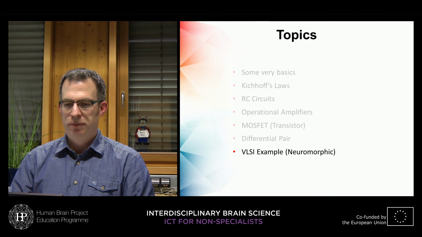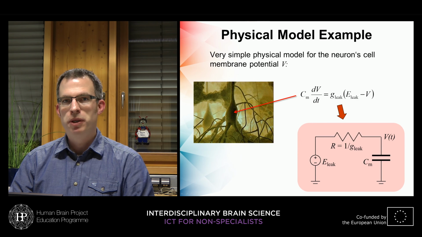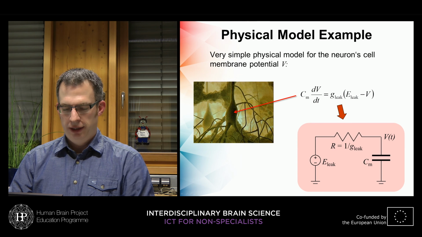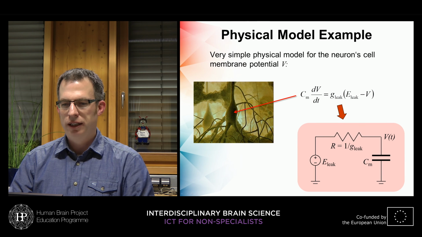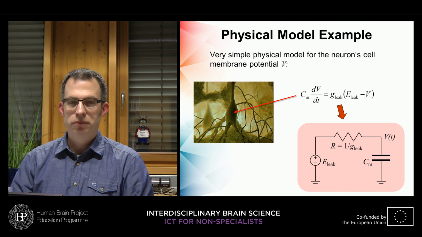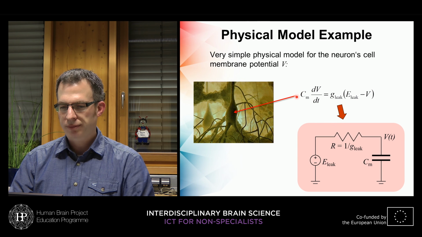So last topic, as I've promised, I will give you a small example of one of our very large scale integration neuromorphic circuits. In Heidelberg, what we mean with neuromorphic is that we are building physical models. That's not always the case, but that's what we are doing. And so we are building physical models of, for example, neuron cells, and a very simple physical model for the neuron's cell membrane, you may all know, is the current flowing into the membrane at rest.